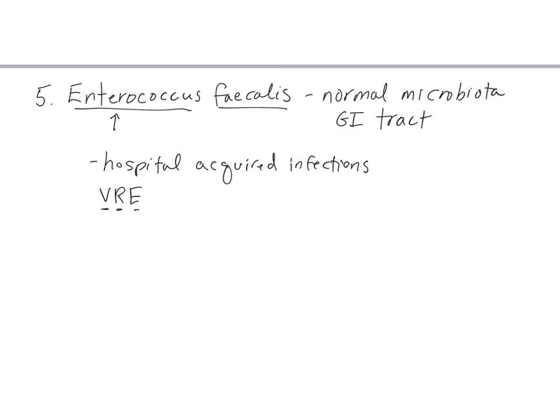Vancomycin is typically our antibiotic of last resort for gram-positive infections, and when you have an organism that's even resistant to vancomycin, then that's considered a medical emergency. Okay, so in the next video, we'll talk about what you're going to actually inoculate and a little bit more about how we organize our Streptococcus.